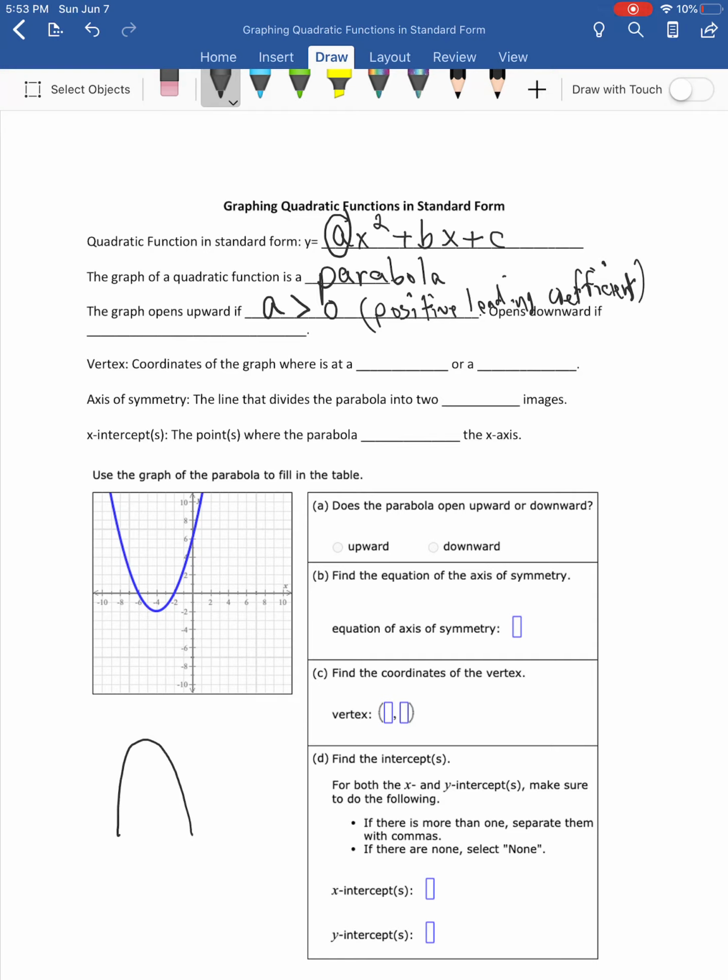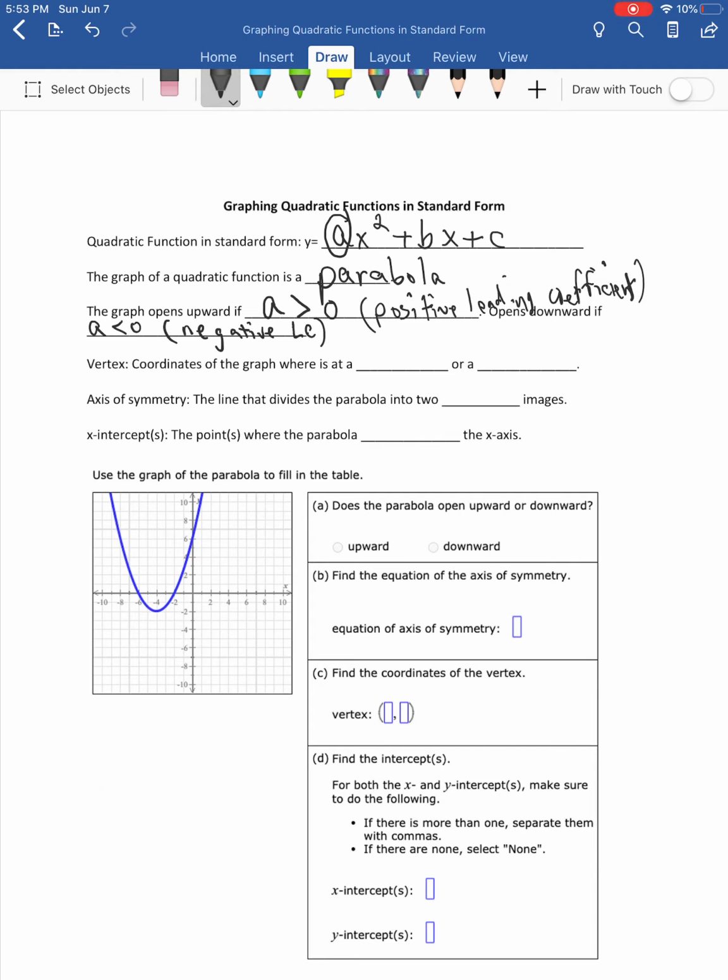It's going to open downward if the leading coefficient, or a, is less than 0, which means a negative leading coefficient. If it started with y equals negative 3x squared, it's going to look like that.